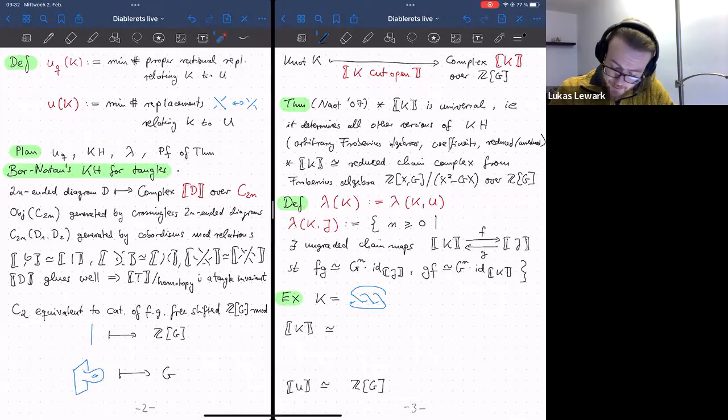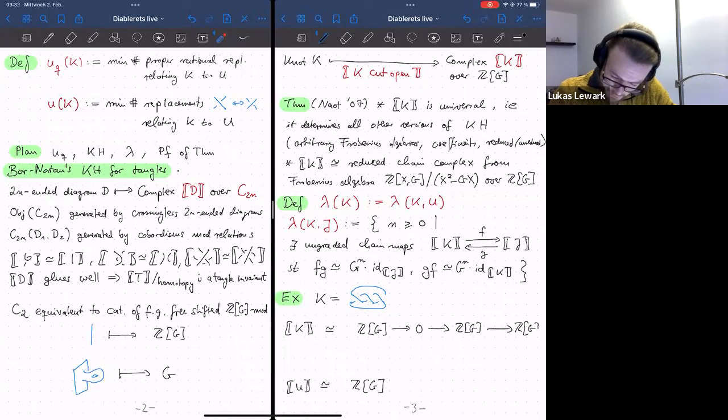The chain complex of the trefoil is homotopy equivalent to one free copy sitting in homological degree 0, nothing in homological degree 1, then one copy in degree 2 and one copy in degree 3.